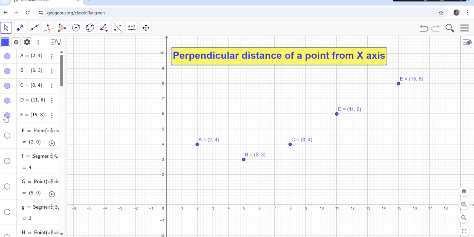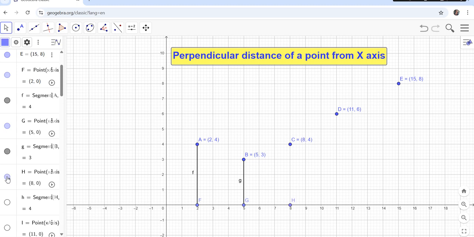the x-axis. For this, let's draw a perpendicular line on the x-axis. For this, I am going to mark some points on the x-axis. I have taken a point F on the x-axis. Now I'll draw a line segment which is perpendicular to the x-axis, which is AF. Similarly, point G and a line segment BG.